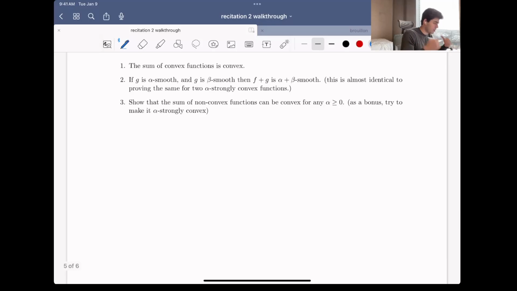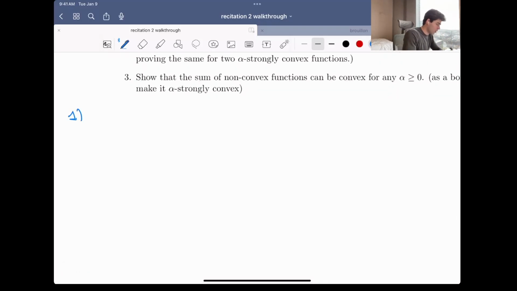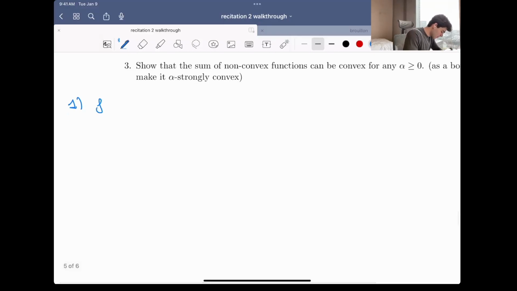So first, let's start with the definition of convex. We have seen many. The one we will use here is the following.